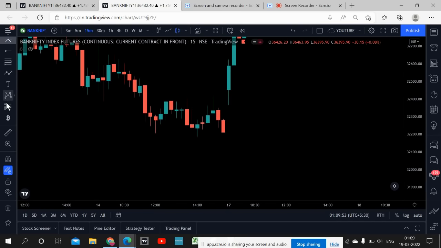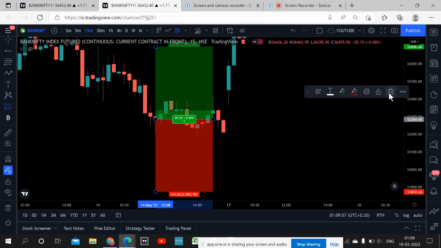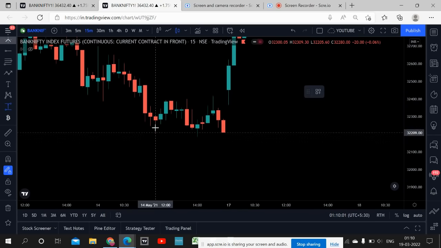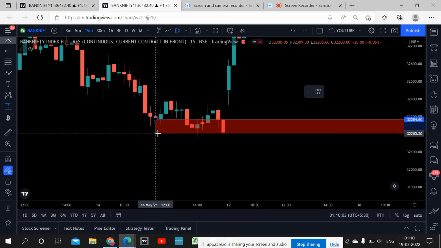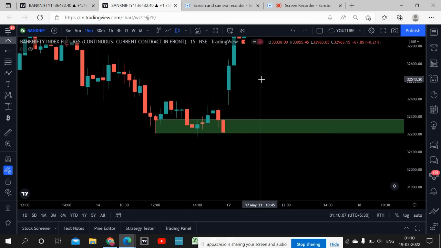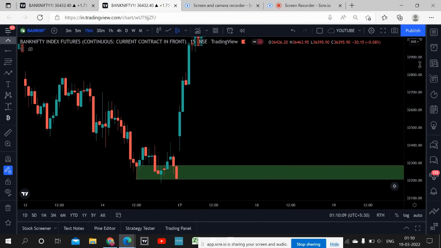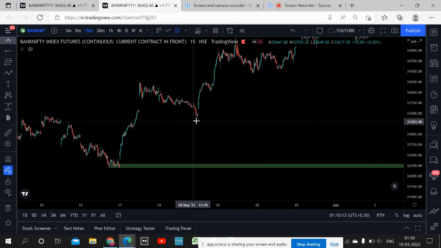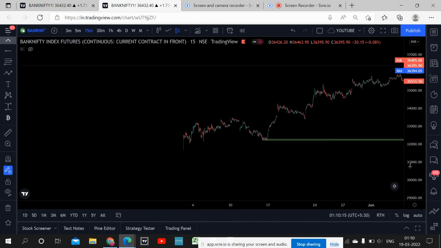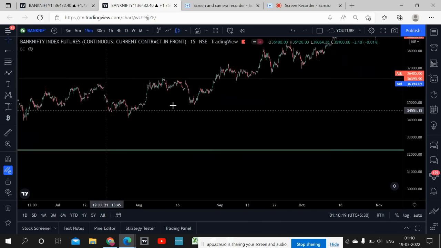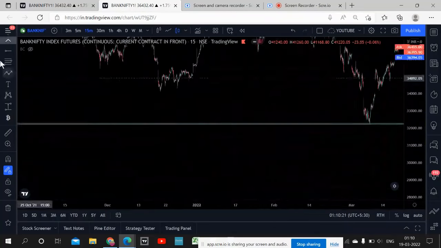Let's mark this range and see what will happen in the future. Because this is the place where a strong trend reversal has happened. Market never came here, I think. Okay, from there it is all.